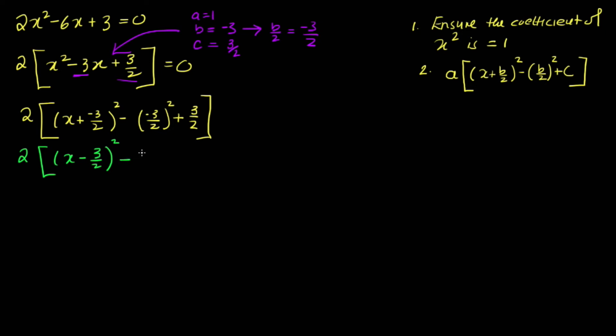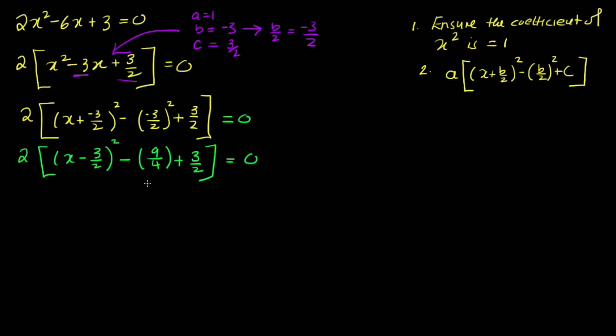Any idea? 9 over 4. Well done. Minus 9, or 9? 9, because negative 3 times negative 3 is 9. Plus 3 over 2. You must remember that all of this equals 0, so we must maintain this principle.